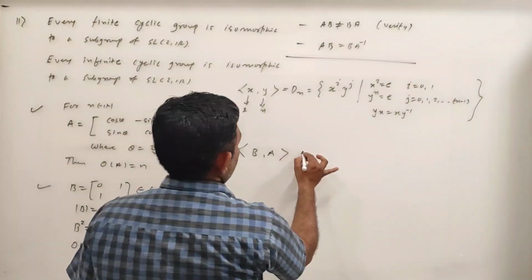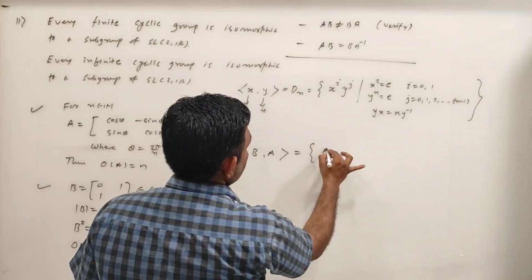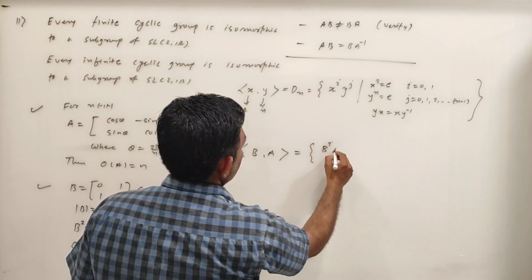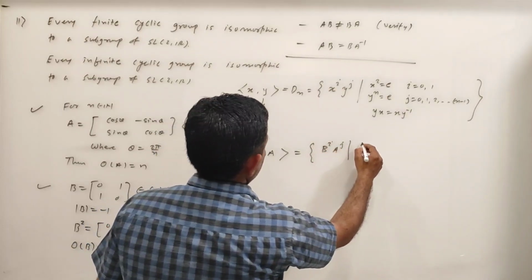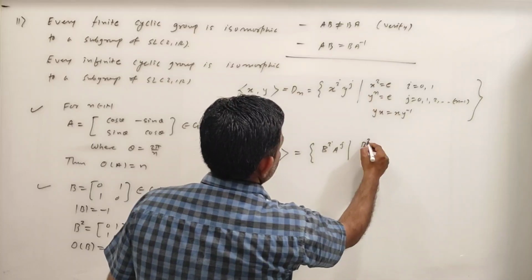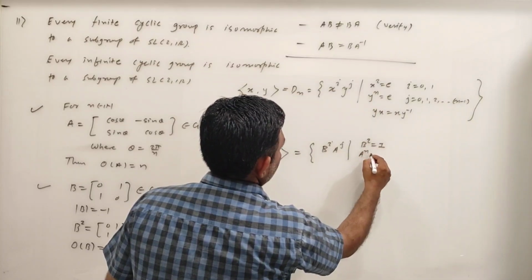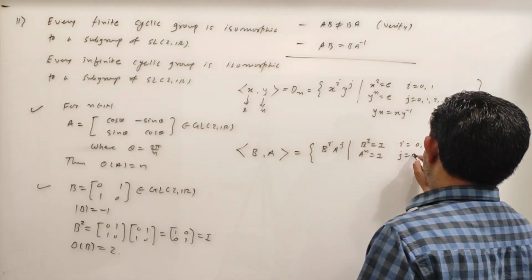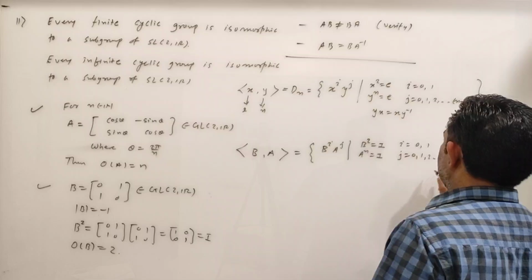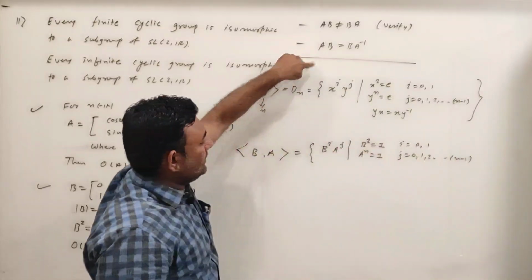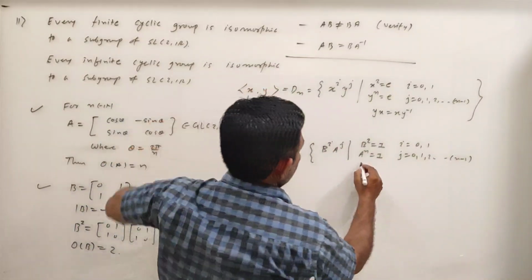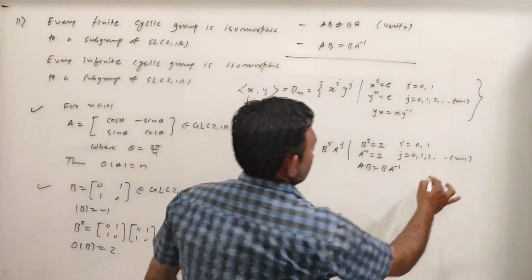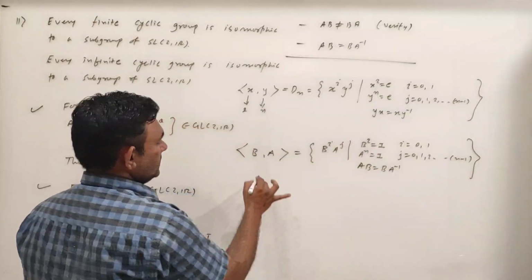So if you consider this set B raised to i, A raised to j, where here B square is identity, A raised to n is identity, i varies from 0, 1 and j varies from 0, 1 up to n minus 1, and we have already proved that between A and B we have the relation AB is equal to BA inverse. So this is your Dn.